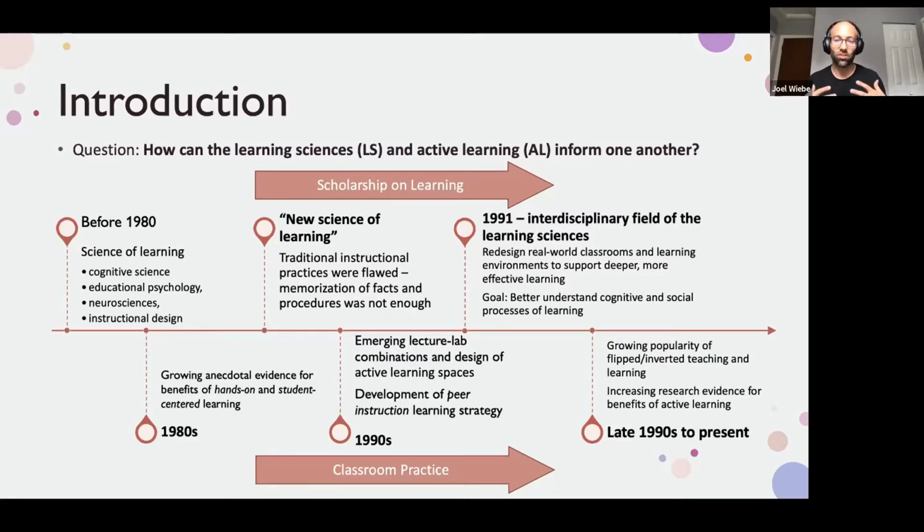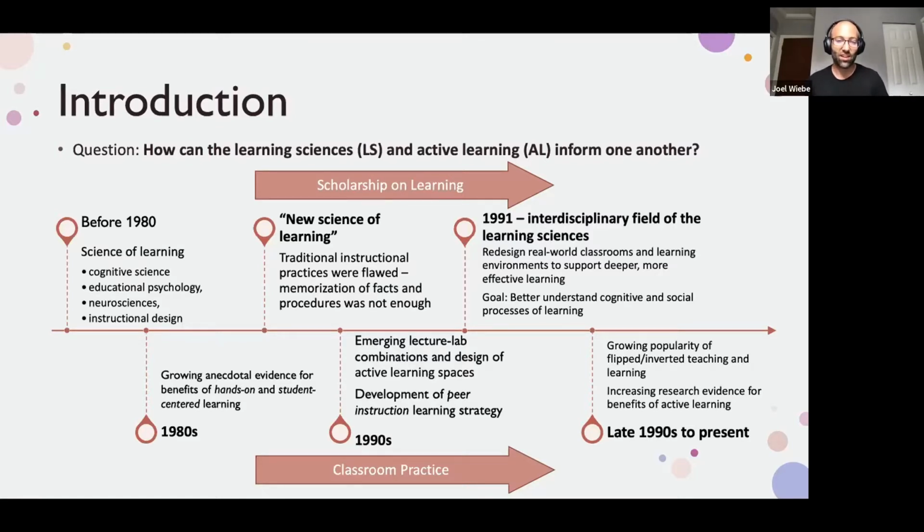Essentially, they wanted to understand the cognitive and social processes of learning. On the bottom side of the timeline, we see the evolution of classroom practice toward active learning, where around the 1980s, there was growing anecdotal evidence for the benefits of hands-on learning as well as student-centered learning.